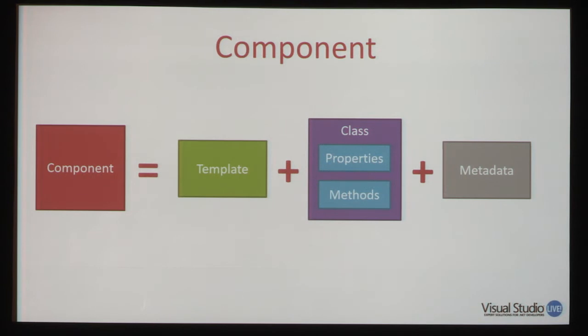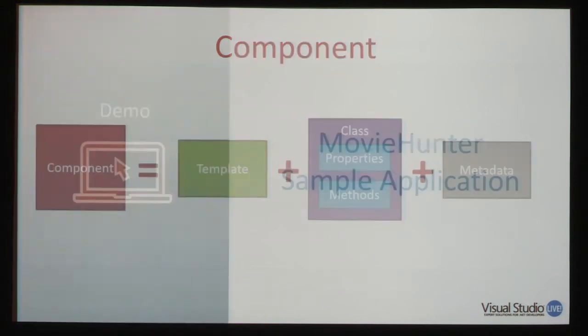Because what do we do all day? We create classes, right? We create properties, we create methods. We're very familiar with that. So I believe that .NET developers are going to have a much easier time with Angular 2 than some of the ES5 developers who haven't really worked with classes and objects quite as much.